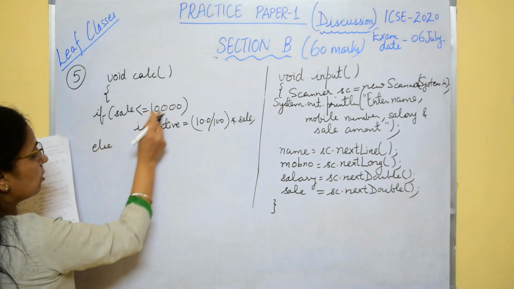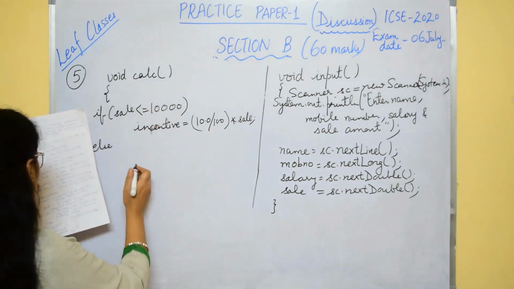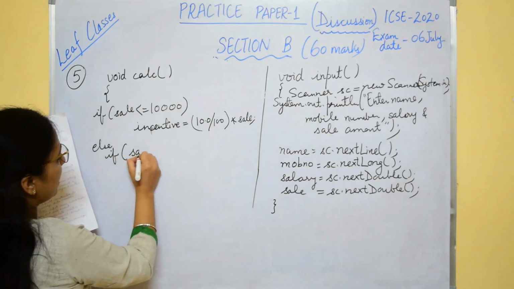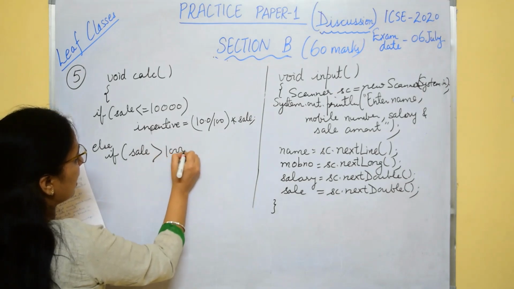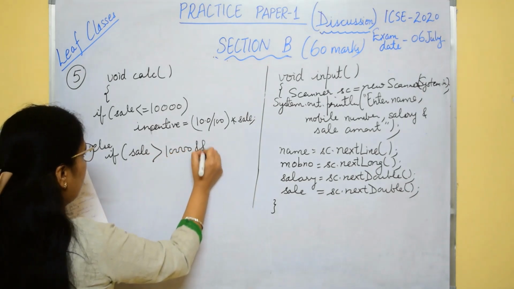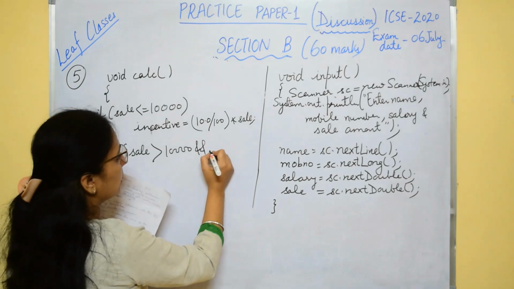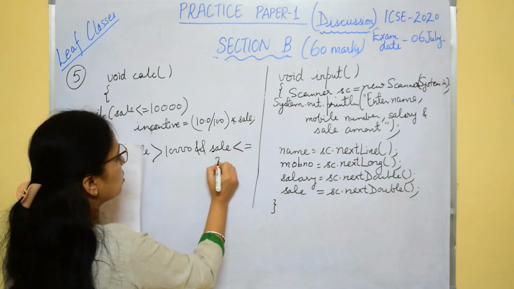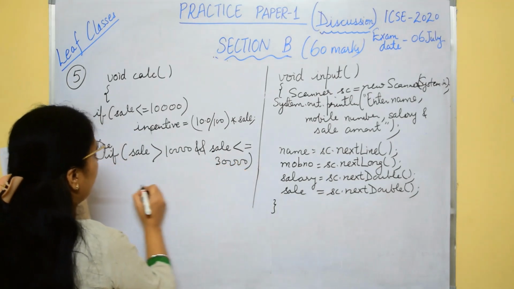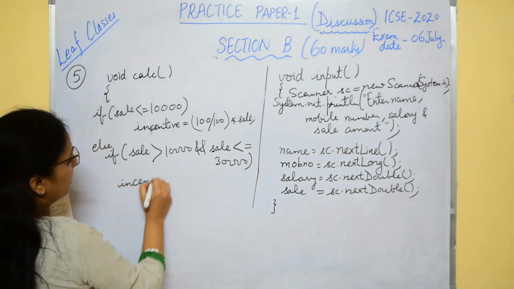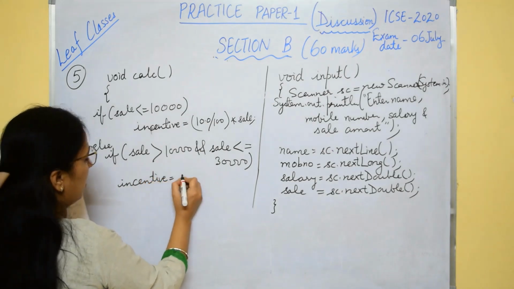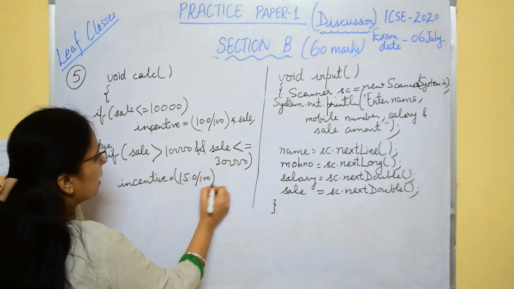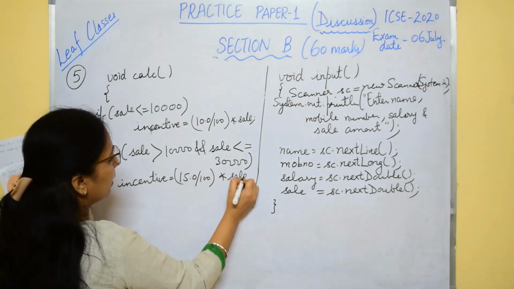Else, if it is not less than 10,000, then the second condition is if sale is more than 10,000 and up to 30,000, and sale is less than or equal to 30,000. Then incentive will be 15%, 15.0 by 100 multiplied by sale.